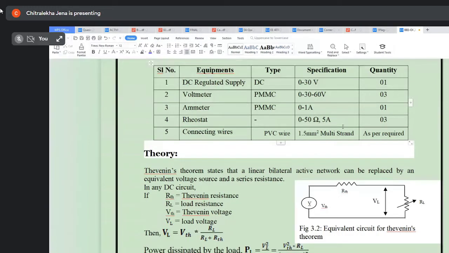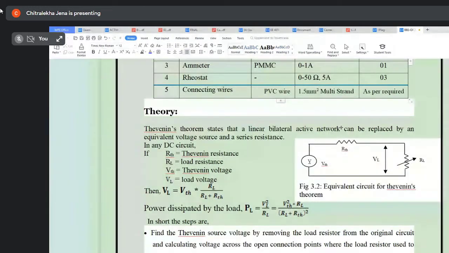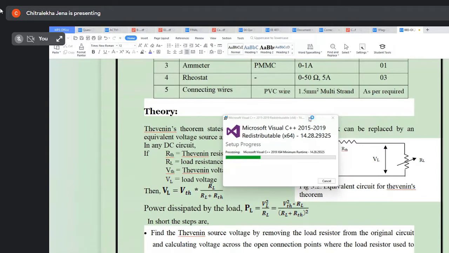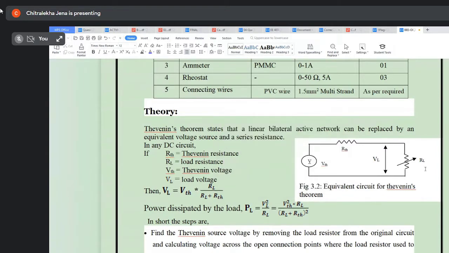Now coming to the theory. Thevenin's theorem states that a linear active bilateral network can be replaced by an equivalent voltage source with a series resistance. This is already discussed in the theory class. So a circuit can be replaced by a Thevenin's voltage with a series resistance, where the Thevenin's voltage is the open circuit voltage.